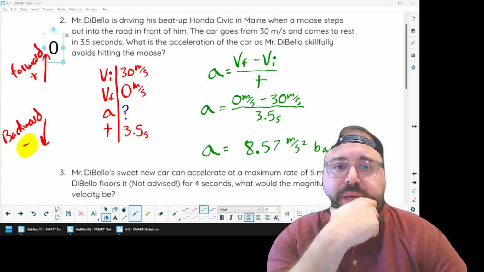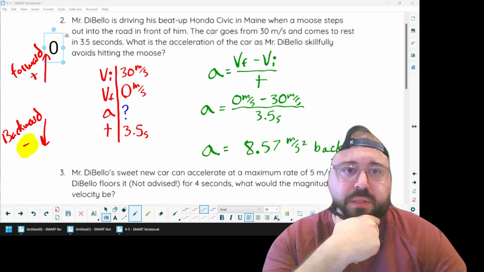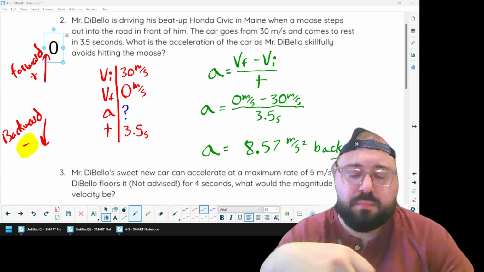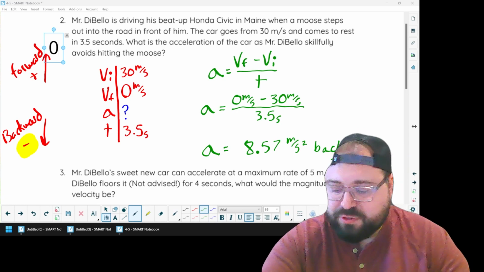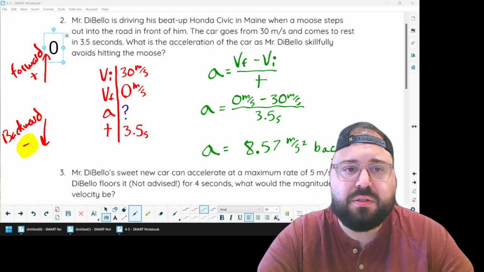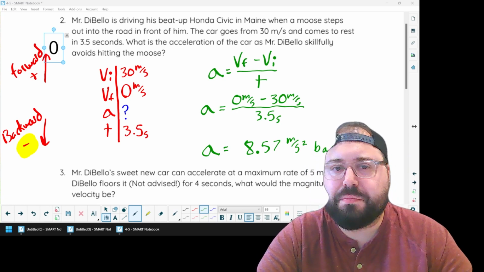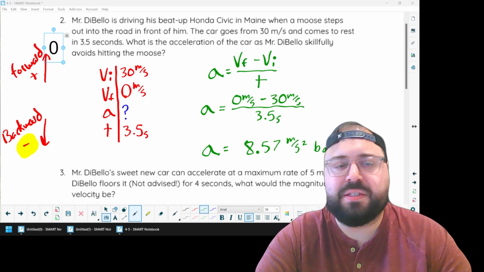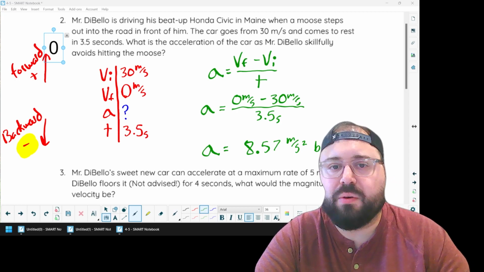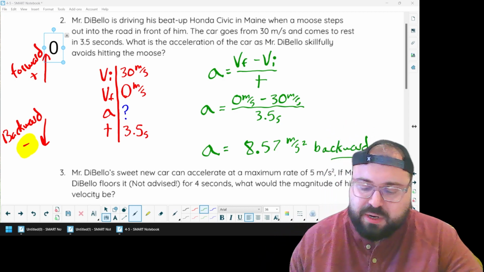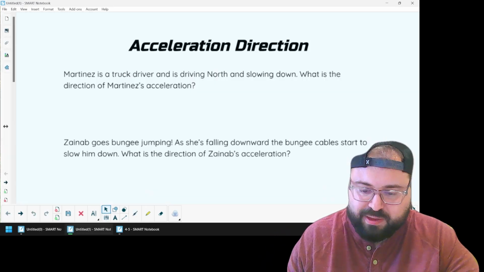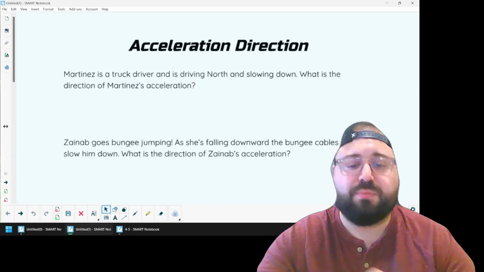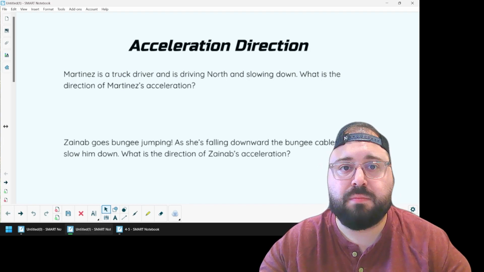All right, so what I think is kind of interesting about this is, how is my acceleration backwards if this entire time my car was only going forwards? So this is going to bring us to the other homework that we had to do, which was acceleration direction.